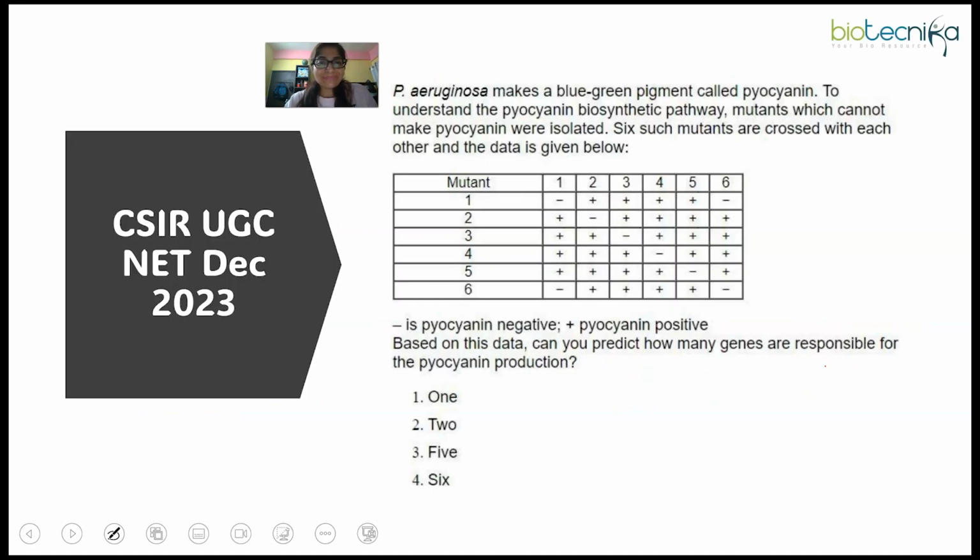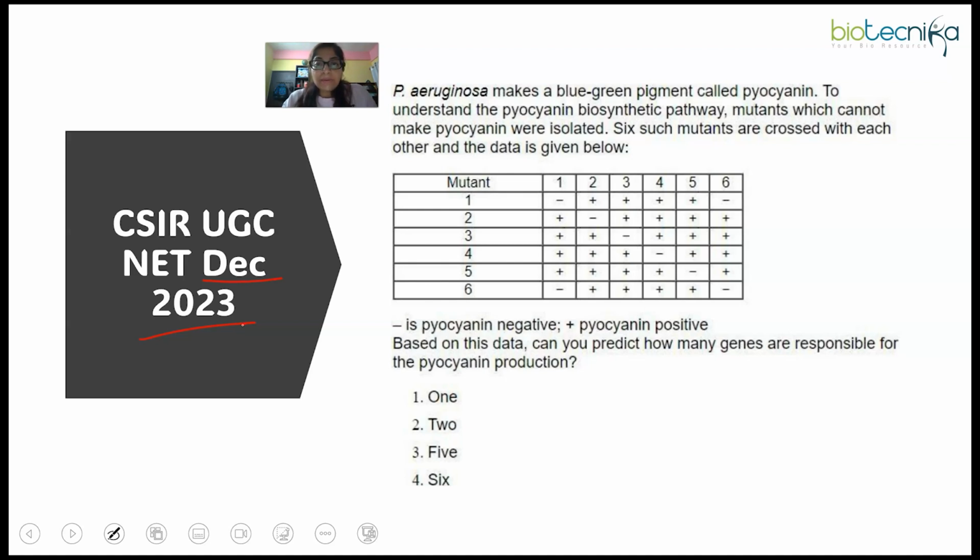Okay, now let's get back to our question. This was a question which was asked in this December exam, and a couple of years previous papers also, if you see, every session there has been a question like this related to complementation test. So, what is this question saying?